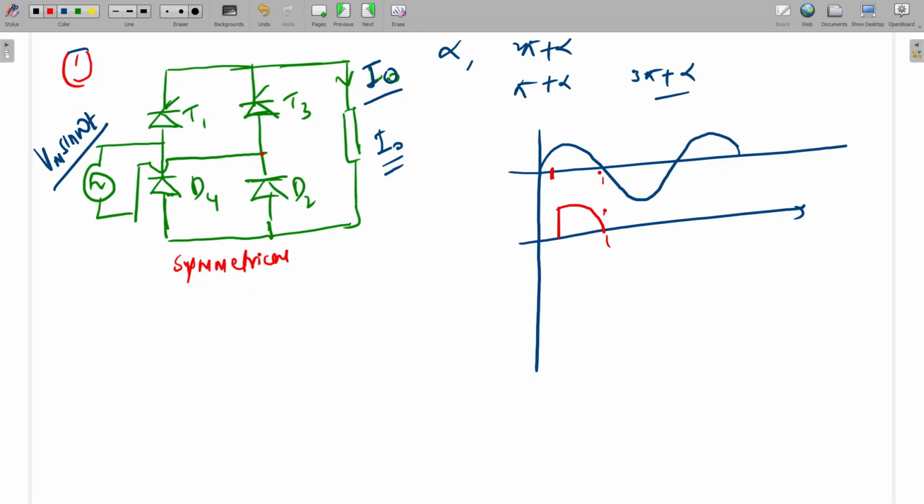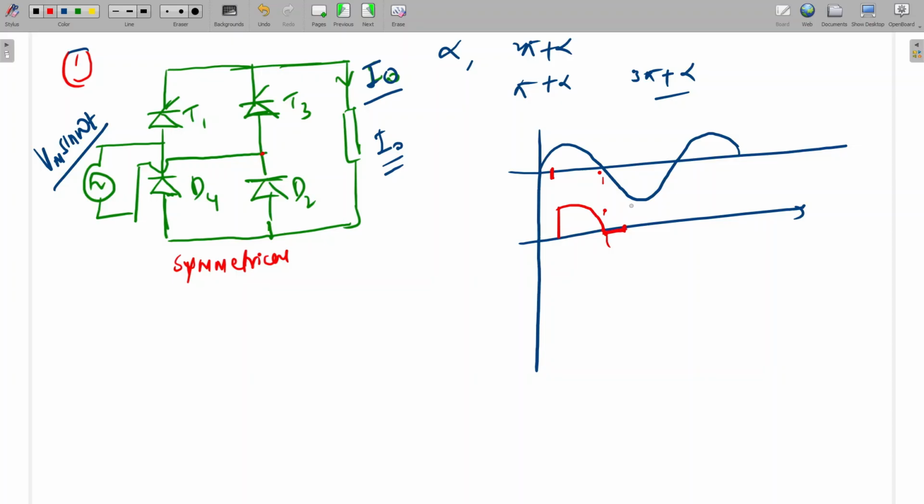Again I am firing T3 at pi plus alpha, but since the output current is constant, it needs some path. Before this, the current will follow this path. T1 is already fired, so T1 and D4 will conduct. T1 and D4 will do the freewheeling here, and the output voltage will be 0 in this section.